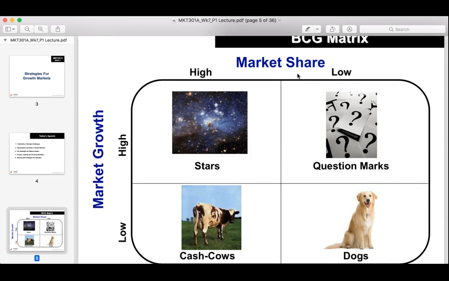But in some instances, a brand may have high market share because they buy, in quote unquote, their market share through investment efforts that is probably not feasible for them. So that will erode their profitability. That's one thing that I'd like to highlight to you.